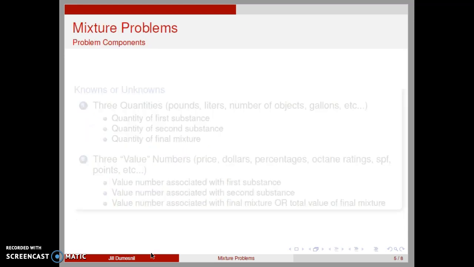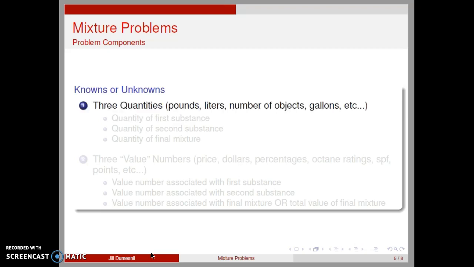Every mixture problem has the same structure. There are a variety of known and unknown values, but there are three quantities or amounts involved in the problem. These are the quantity of the first substance, the quantity of the second substance, and the quantity or amount of the final mixture.